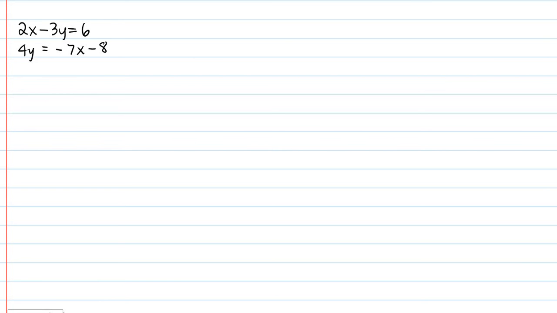When I look at this, I see, first of all, my variables are not lined up with each other. The x's and y's and everything are not lined up. So the first thing I'm going to do is rewrite the equations so that my variables are lined up. This first equation, I'll just leave the way that it is, 2x minus 3y equals 6.